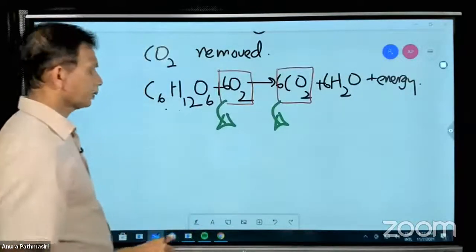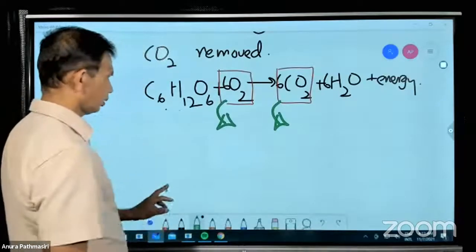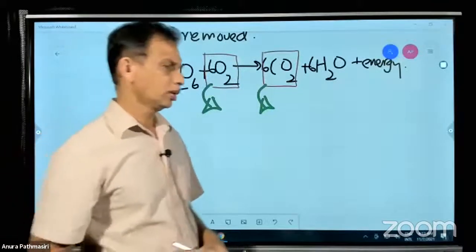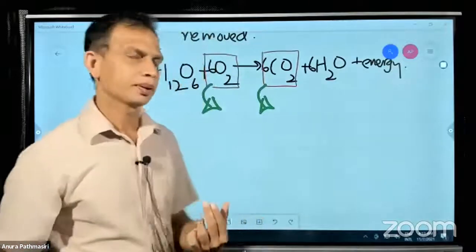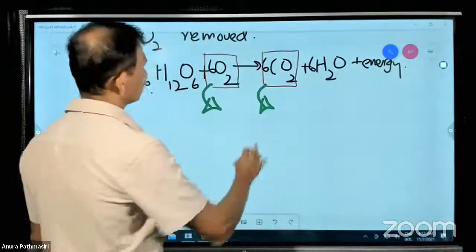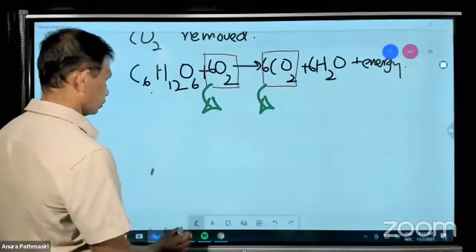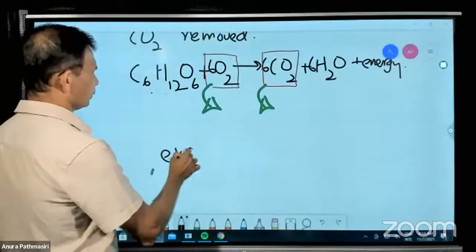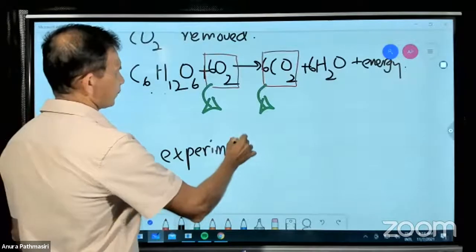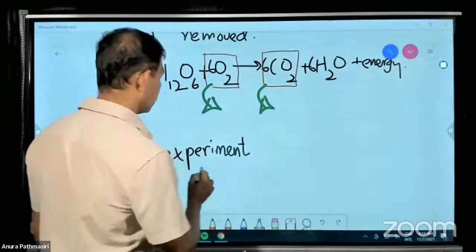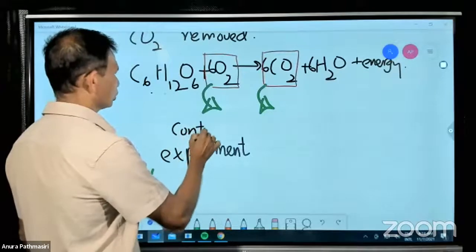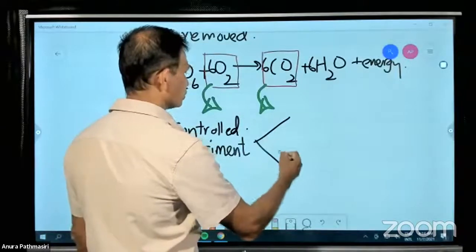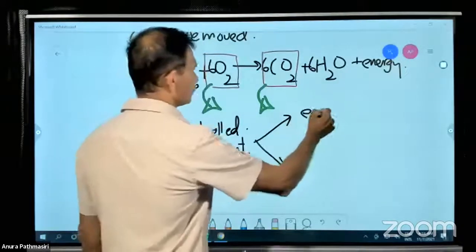Normally, an experiment is done with two setups: an experimental setup and a control setup. It is a controlled experiment.